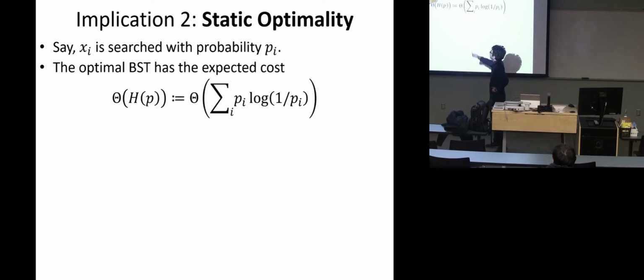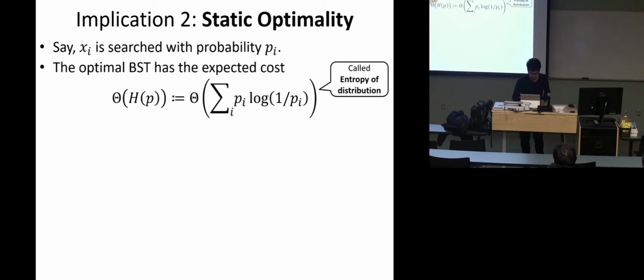Let's say that the key xi is searched with probability pi. You can then use dynamic programming to come up with the best BST. But it's known, and I don't prove this, that even the optimal binary search tree will have expected cost that looks something like this.